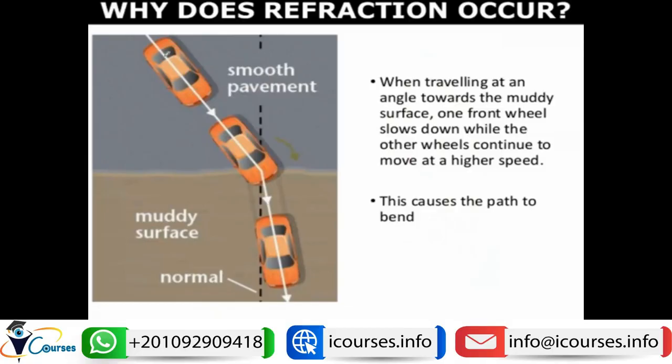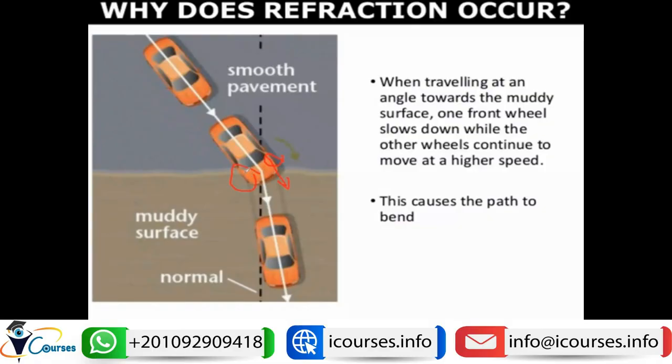So you will move with your speed, and suddenly you will enter into a muddy surface. When you enter the muddy surface, this wheel will slow down while this wheel will continue on its speed. If this wheel continues on its speed as it is moving from the paved surface, this will lead to movement of the car like this.